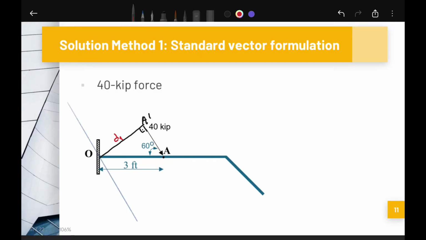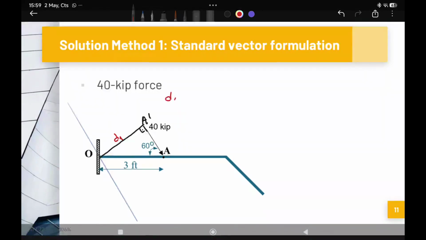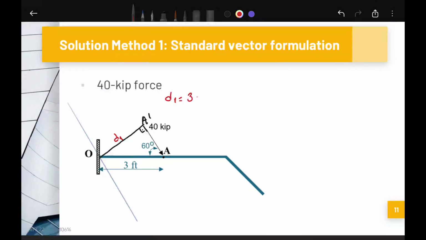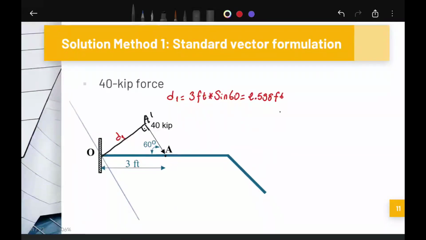By using trigonometric law, I can find our moment arm value. So D1 is equal to, you can see, 3 feet times sine 60. This is equal to 2.598 feet. We multiply this value with the magnitude of force.